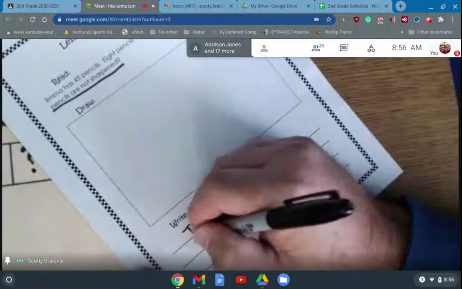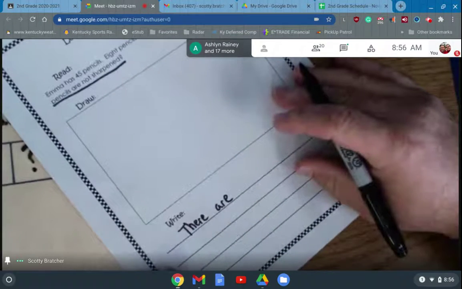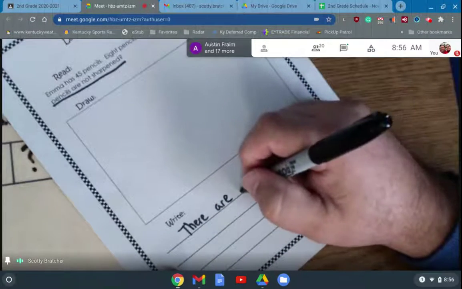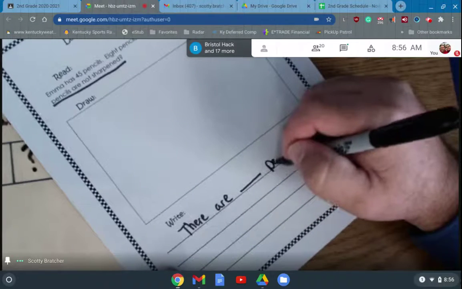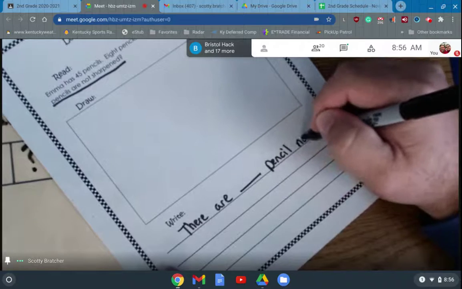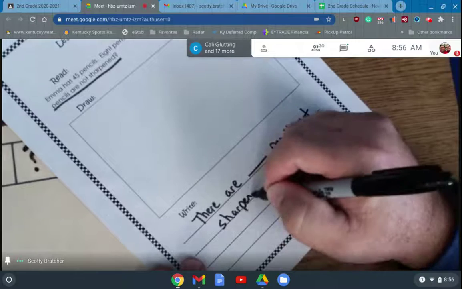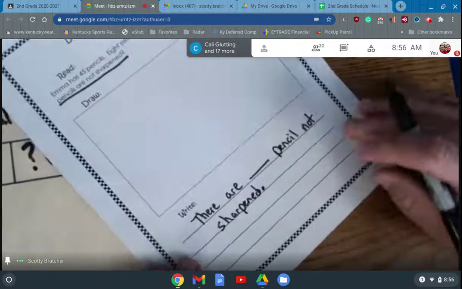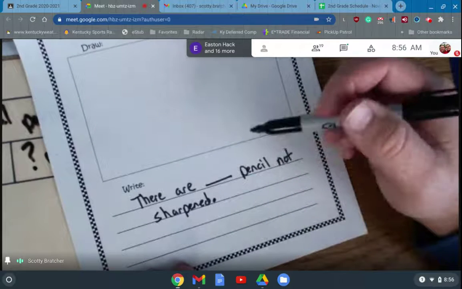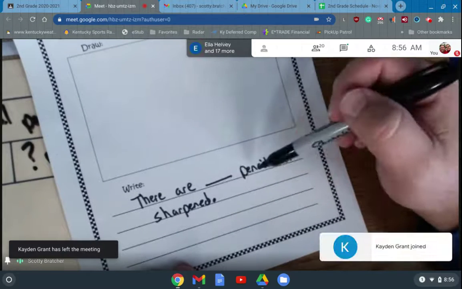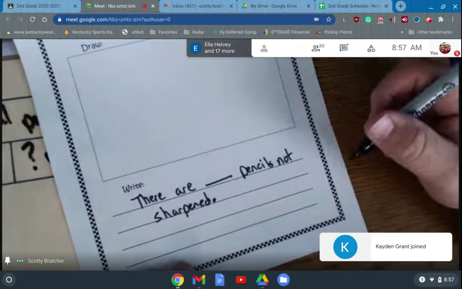I'm going to say, there are, and I'm ready for a number, but I don't have the number yet. And we're talking about pencils not sharpened. There are blank pencils not sharpened. Okay?